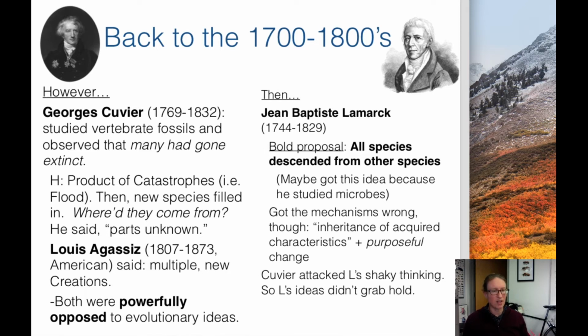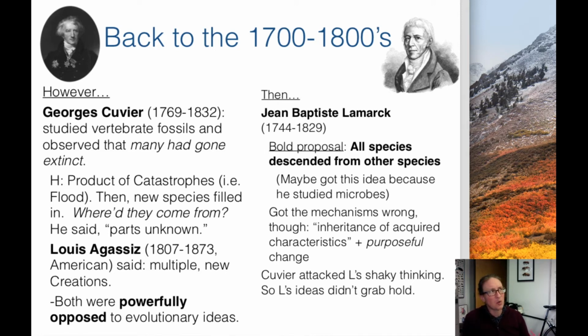His idea was that organisms acquired characteristics in response to their environment over their lifetime, and then those were inherited by the next generation of organisms. And he also thought that this was the result of some very purposeful directed change through time. So species are on a trajectory towards some kind of new improved species.